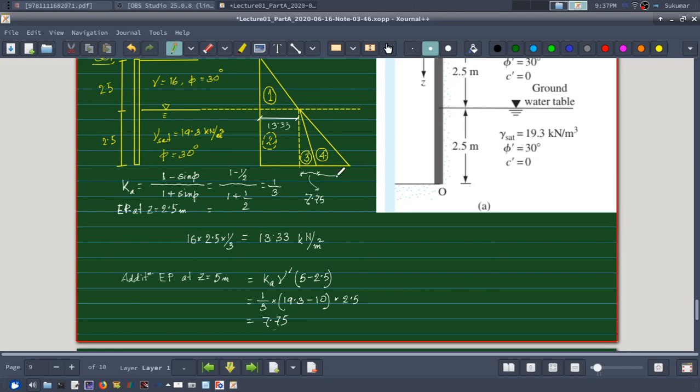And how much is this? This is just gamma W times the height, that means 2.5.